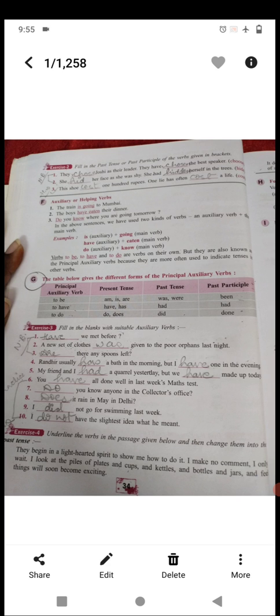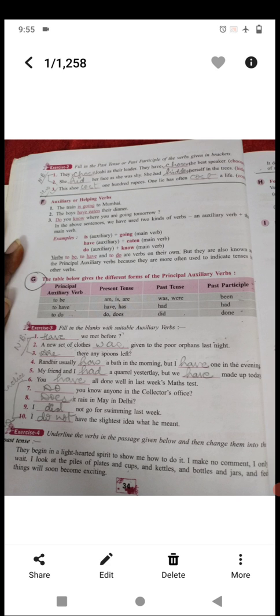Now you have to use your brain to use these auxiliary verbs, isn't it? For singular, what to be used, for plural, we have done this in 6th class also, so you might be aware of this thing. A new set of clothes was given to the poor orphans last night.